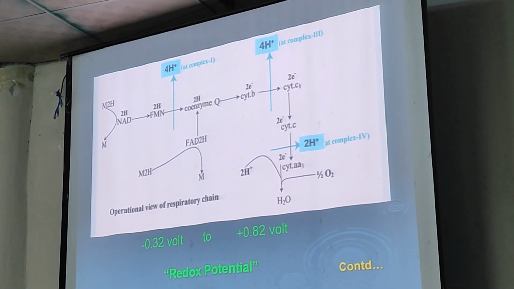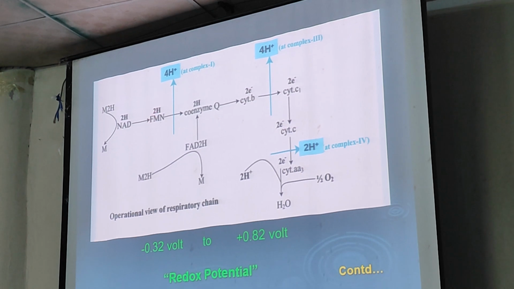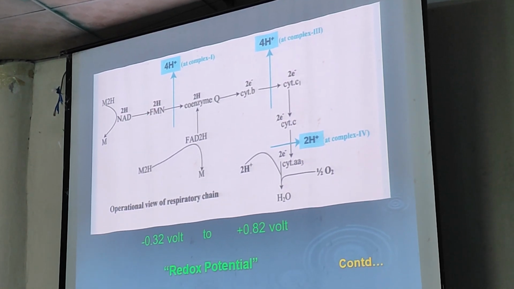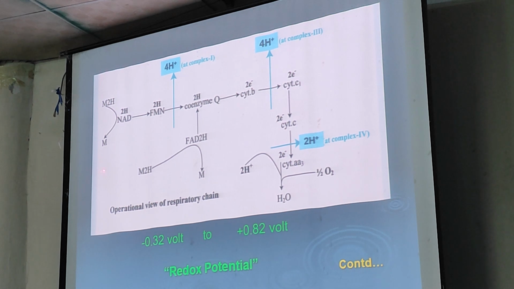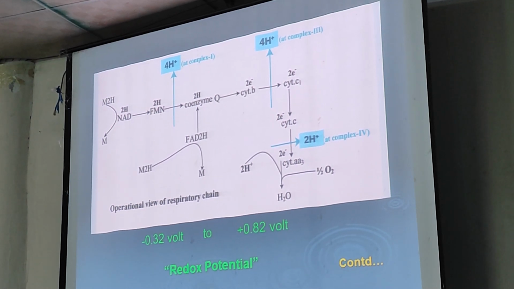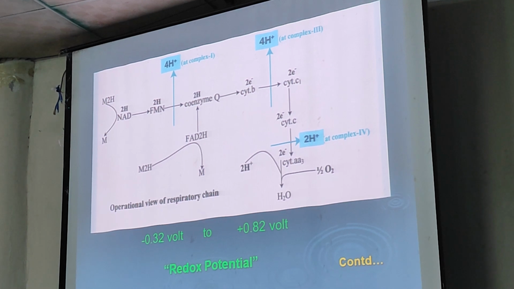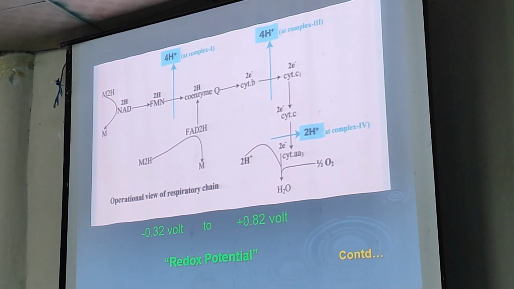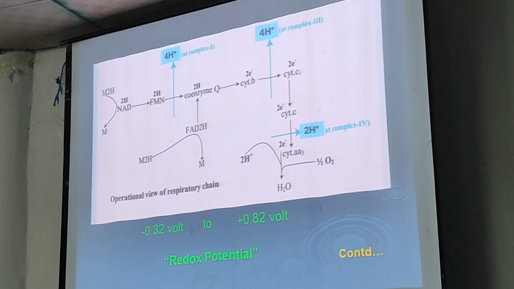Reduced version. Now this FMN without hydrogen, is it oxidized version or reduced version? Oxidized version. Now this NADH will deliver the hydrogen to the FMN. So by de-shouldering the hydrogen, NAD becomes oxidized, and by accepting hydrogen, FMN becomes reduced.